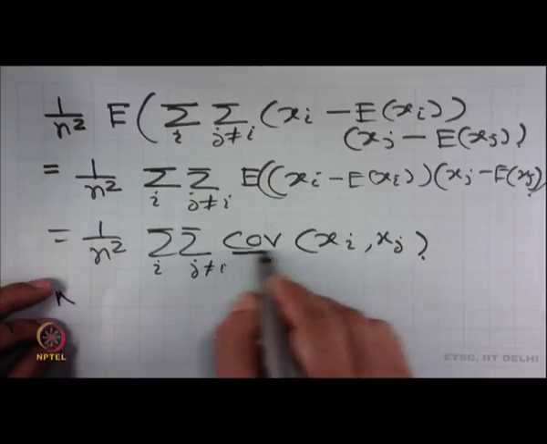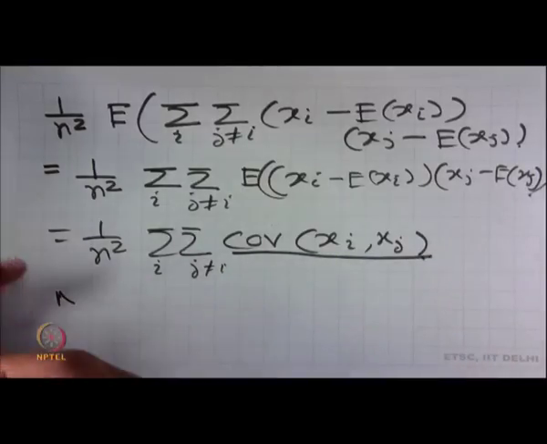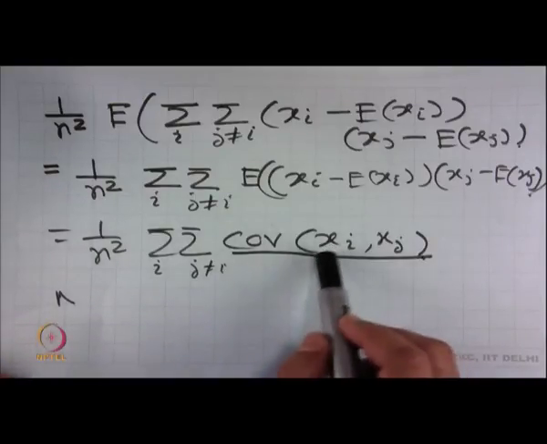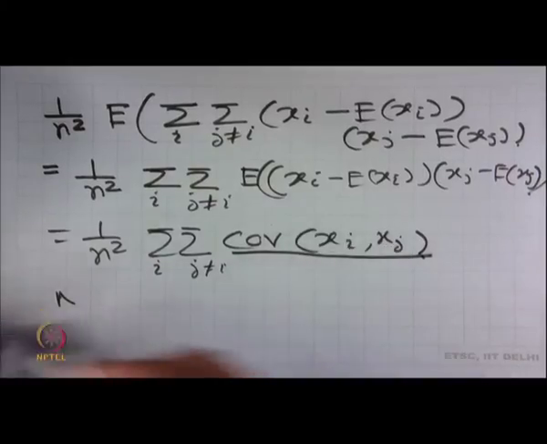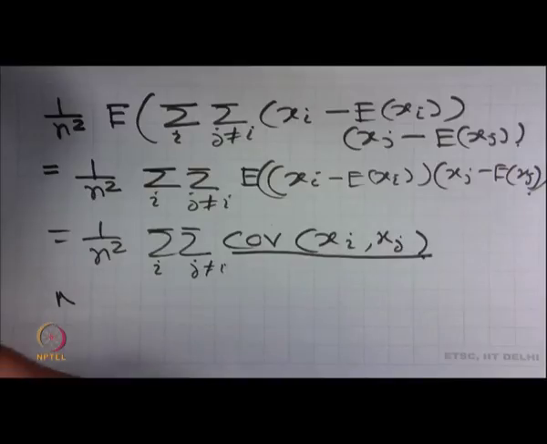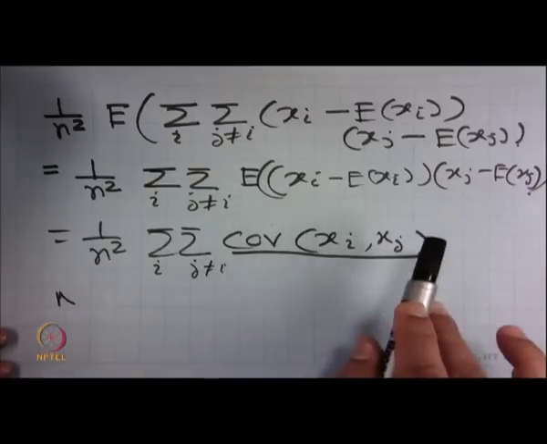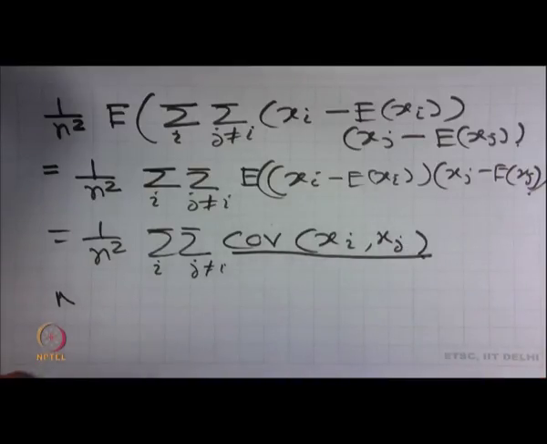Now, if it is simple random sampling with replacement, then we can see that xi and xj behave in the same way. In fact, they are independent of each other.